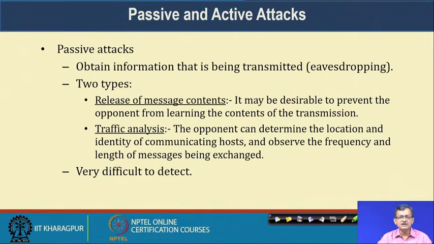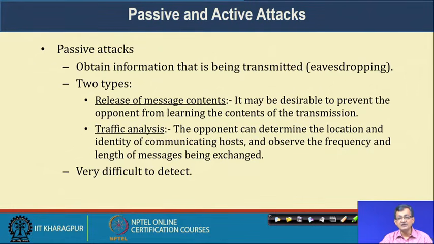If we look at the attacks, there are broadly two categories of attack: passive attack and active attack. A passive attack obtains information that is transmitted, so some sort of eavesdropping, sniffing and information gathering, but it is not involved in an active attack.